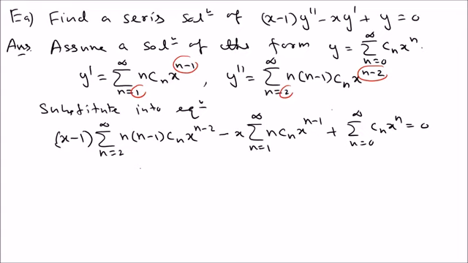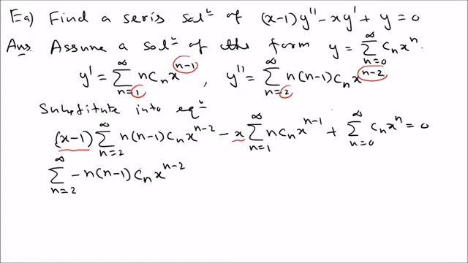The next step is we try to bring this inside before we change the index. We're going to multiply through. You can see there's an x term. Once you multiply by x, inside it's going to be x to the n minus 1. And then there's a minus 1 in front. We can start with that. The first term, the highest one, is the minus sign going inside: minus the sum for n going from 2 to infinity of n minus 1 c n x to the n minus 2, because I multiply by the minus 1.